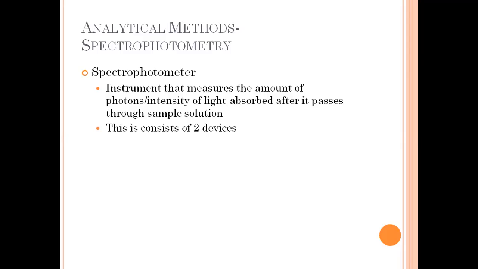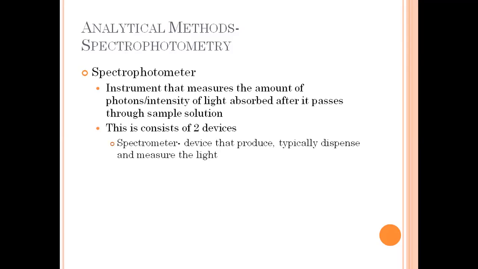That is the purpose of the spectrophotometer. And using the spectrophotometer, the amount of a known chemical substance, or the concentration of that substance, can also be determined by measuring the intensity of light detected. The spectrophotometer consists of two devices: the spectrometer and the photometer.